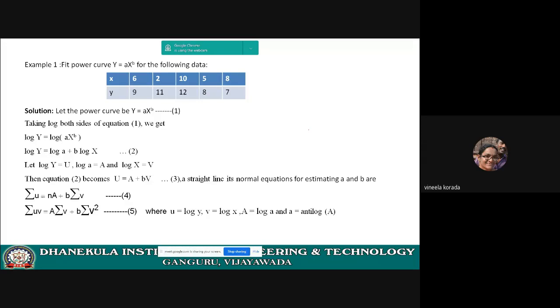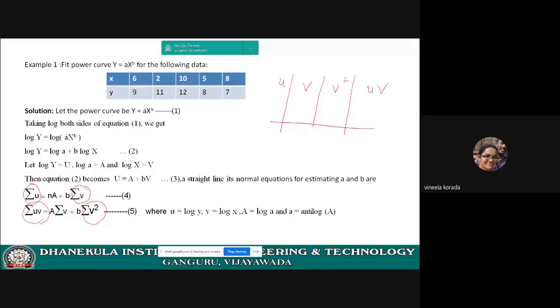And now we need to calculate the values. What are the values you need to substitute in the normal equations? You need sigma u, you need sigma v, yes, sigma v square, and sigma uv. Yes, have the tabular format. What is the table you need? u, v, v square, and uv.